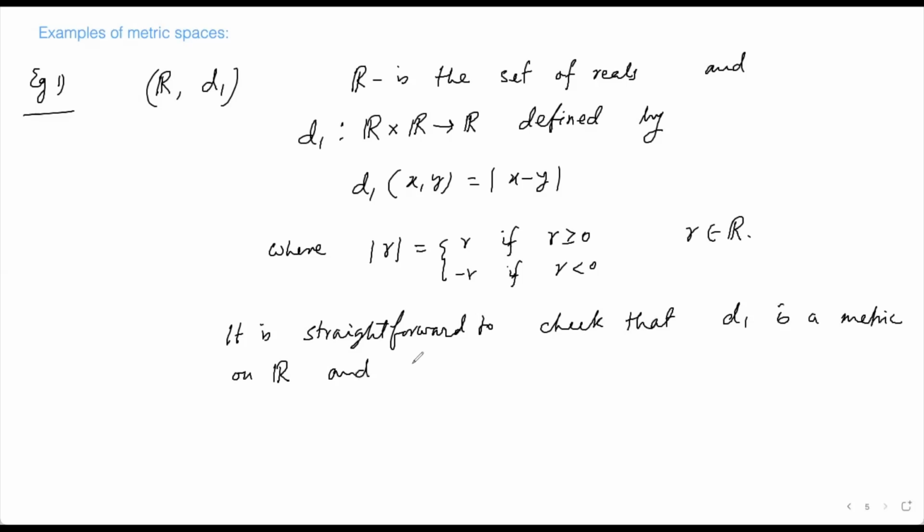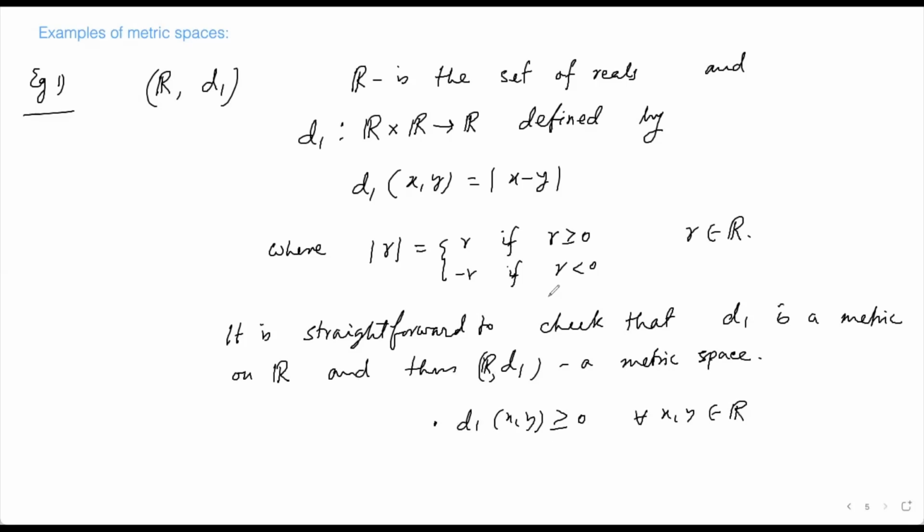and thus (R, d1) is a metric space. So basically one needs to check d1(x, y) is greater than or equal to 0 for all x, y in R. With the absolute value, this is always greater than or equal to 0.